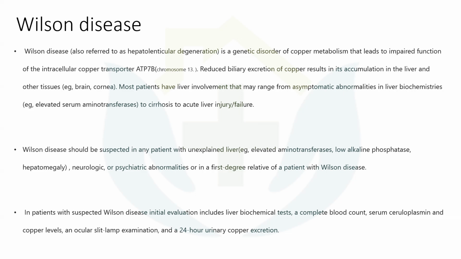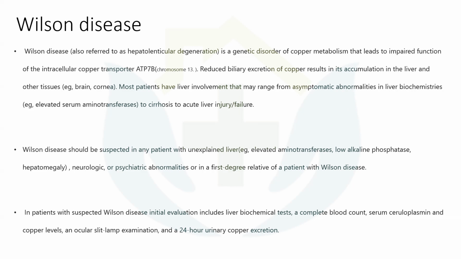In a patient with suspected Wilson disease, the initial evaluation is a complete blood count, serum ceruloplasmin, copper level, ocular slit lamp examination, and 24-hour urinary copper excretion. These are all very important. Based on the abnormalities, the diagnosis of Wilson disease is confirmed.